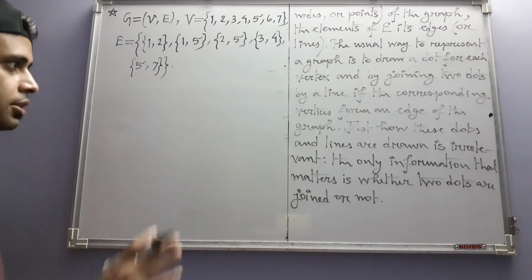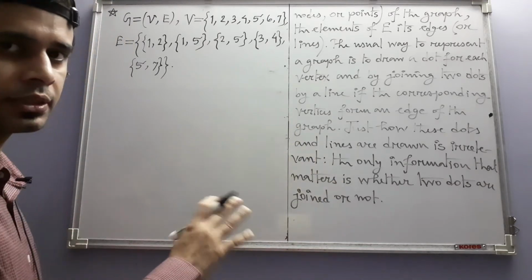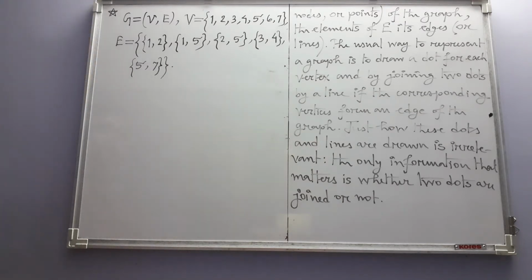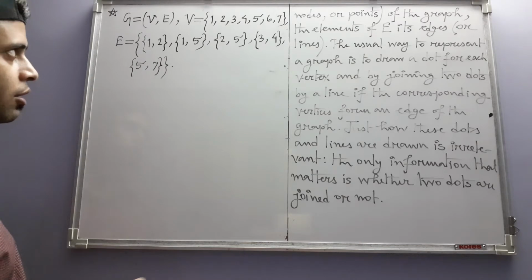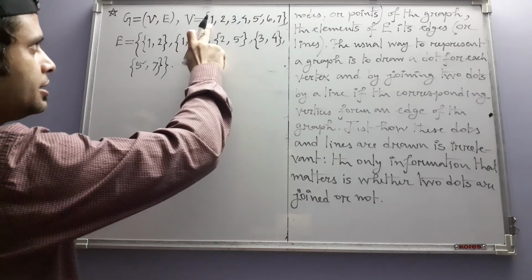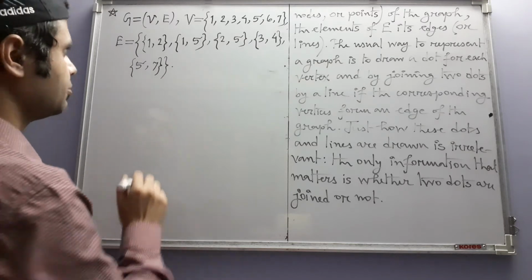So according to this provision, this scheme for representing a graph, we have to draw a dot for each vertex. So these are the vertices and these are the edges according to our definition.